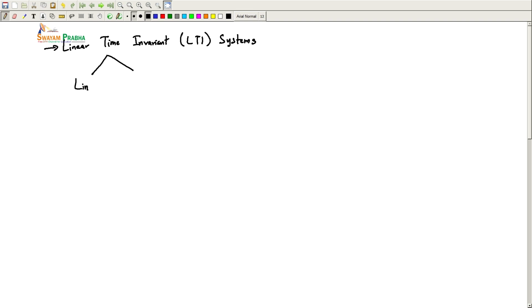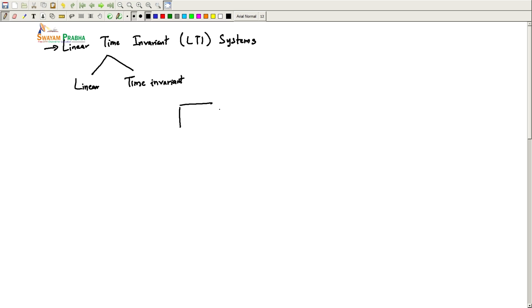One is linear systems and the other is time invariant systems. So first we will start with linear systems.